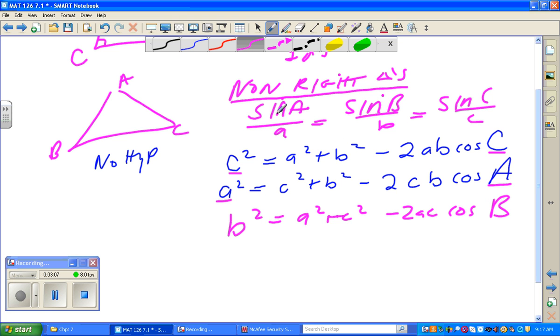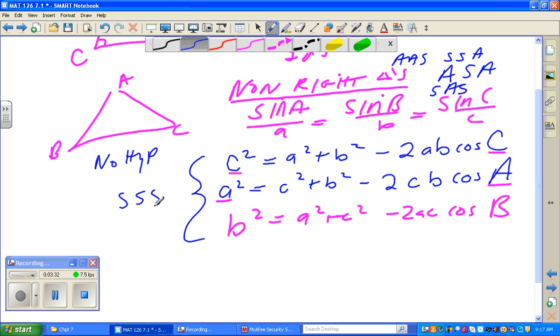And with the law of sines, you had to be given an angle to use it. So we had angle, side, angle, we used it. We had side, side, angle, the ambiguous case. We had side, angle, side that we used it. And we had angle, angle, side. With the law of cosines, normally you just use it for side, side, side.